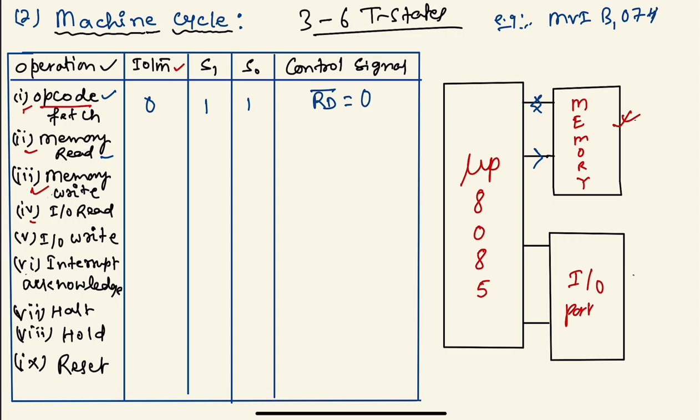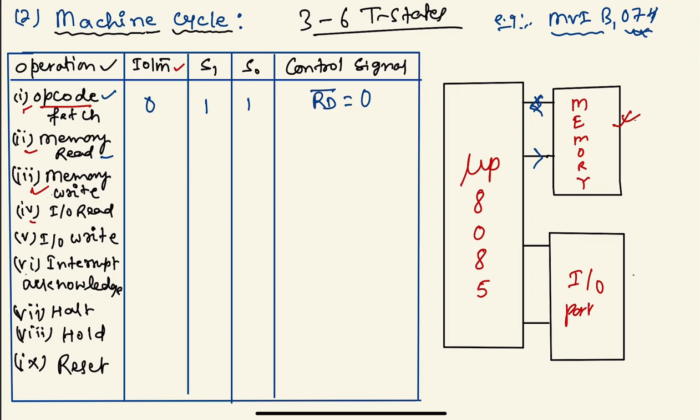Here MVI B gives the hex code, which is the opcode, and 07H is the immediate data, the operand. How do we differentiate this opcode and operand with the status signals? Reading the operand is a read operation from the memory.